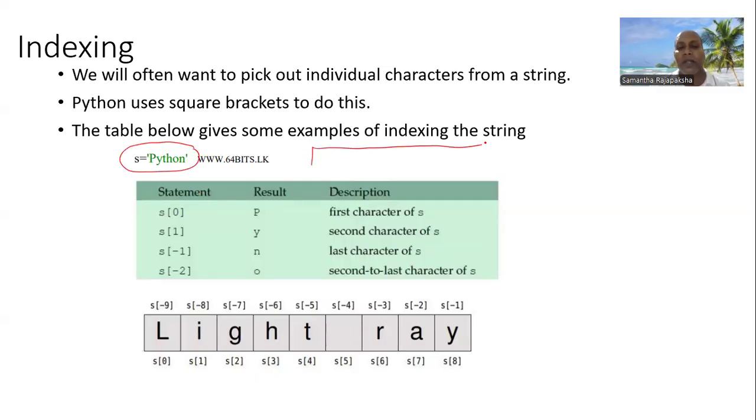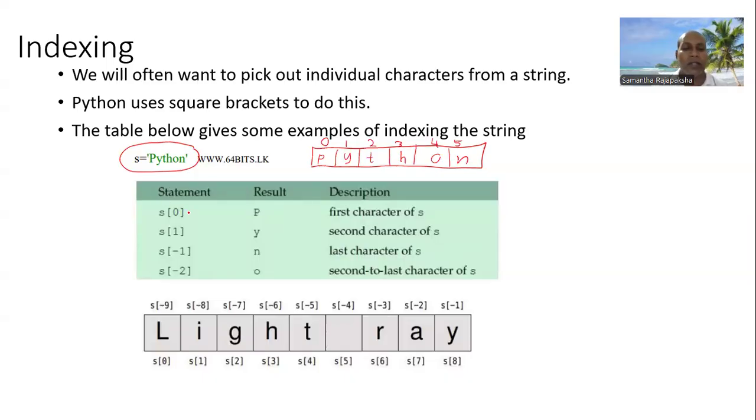The first letter P will be stored here, and then Y is the next one, T is the next one, H is the next one, O is the next one, N is the next one. Then you have the index number to identify each. This is 0, this is 1, this is 2, this is 3, this is 4, and this is 5.